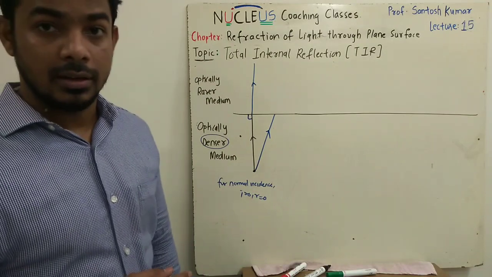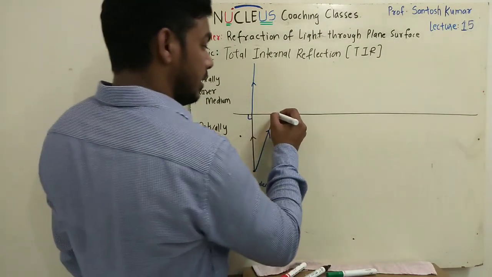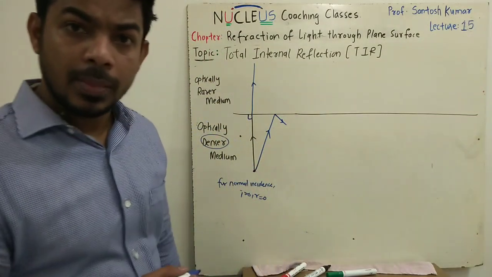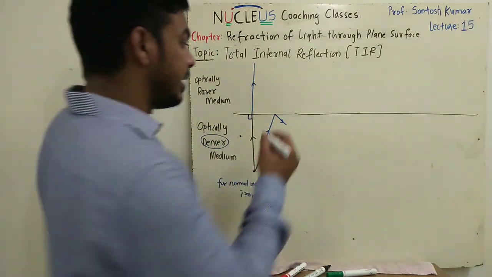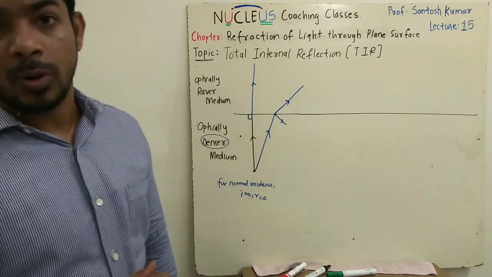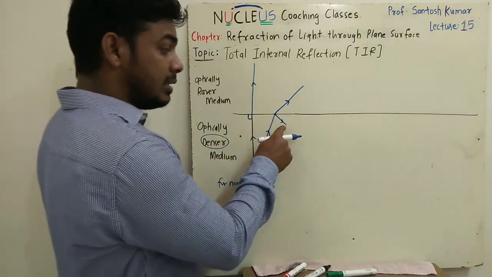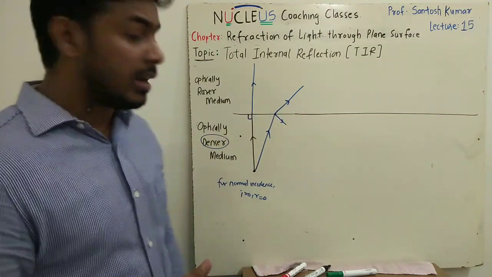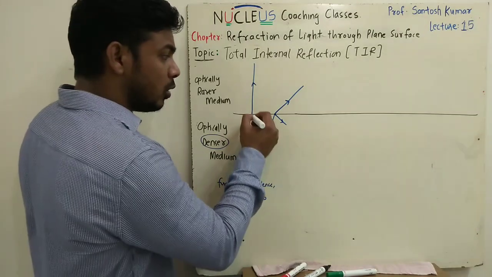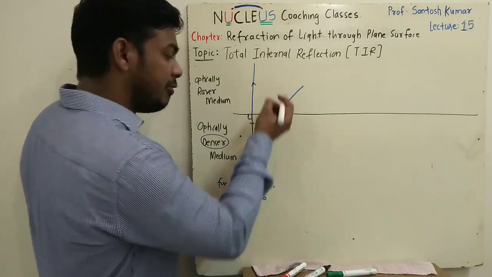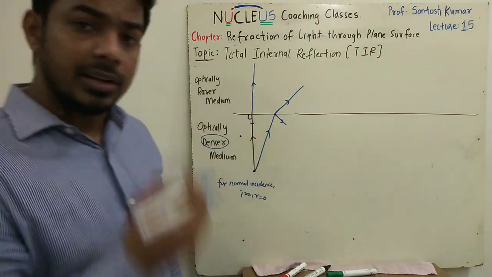In the second ray, I will consider this one, which is traveling from optically denser to optically rarer. Some part of the ray will get reflected back over here, and maximum ray will bend away from the normal. So remember, there is a reflection as well as refraction, which is partial reflection and refraction, and in the first case also maximum ray will get refracted and a very small amount of ray will get reflected.